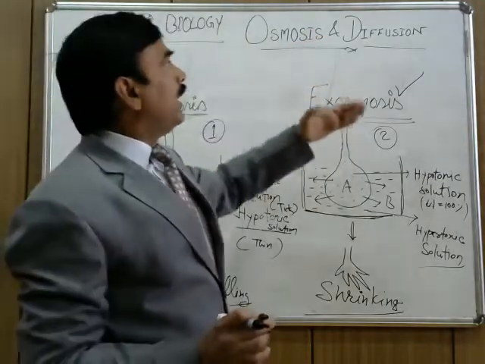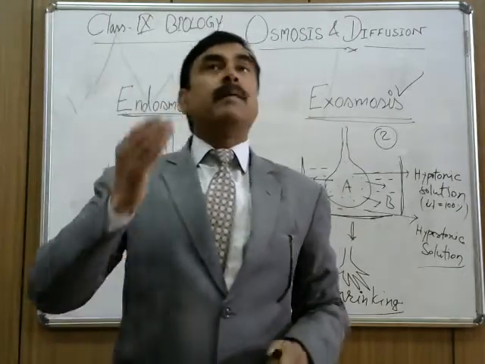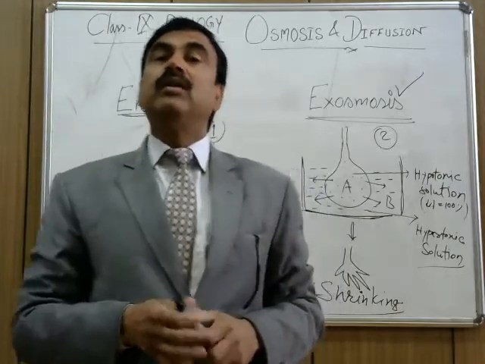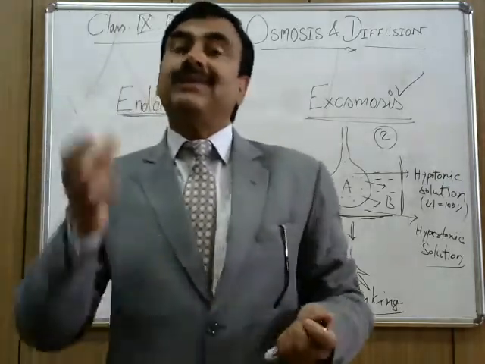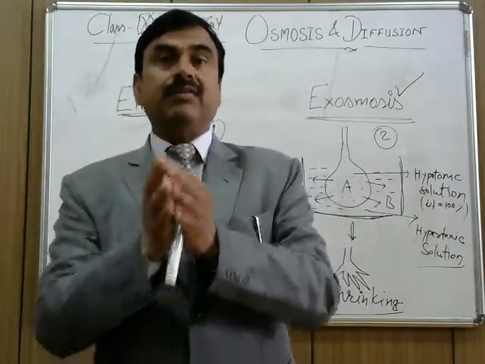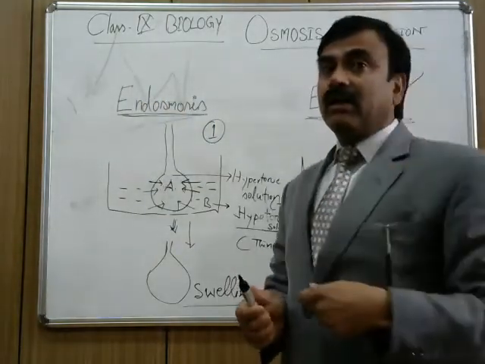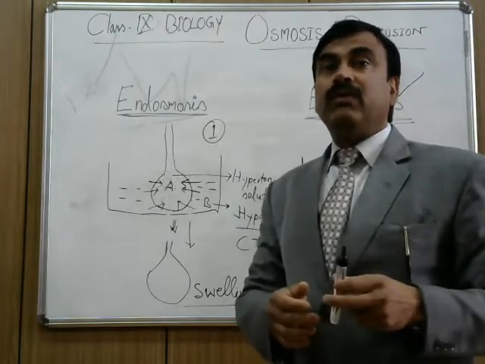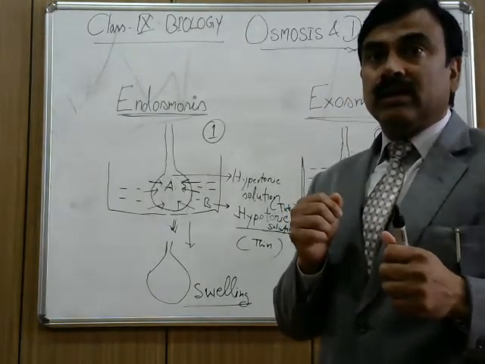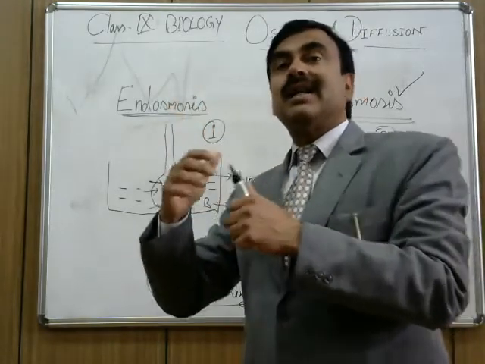Now, when we are moving to the diffusion process, when we are burning an agarbatti at the corner, the smoke flows from that corner to another region. Due to difference in the concentration, the smoke will flow from that side to another side, because the percentage of smoke is more at one side and lesser at another side.